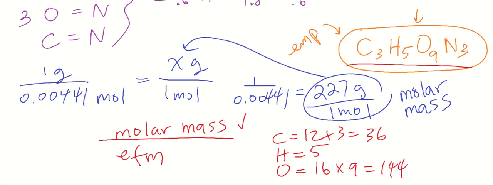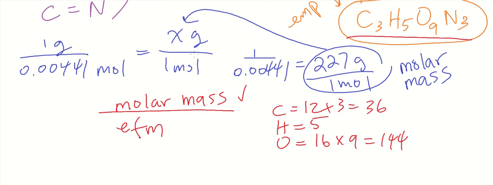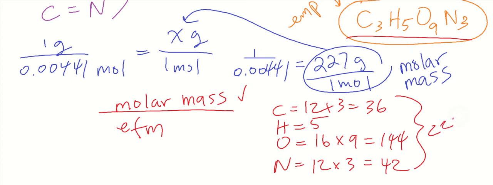And then nitrogen is 14 times 3, which is 42. And so we have the empirical formula mass. All right, hold on. Let me add these up. 186, 191, 191 plus 36, 227. Oh, hey, it's the same.